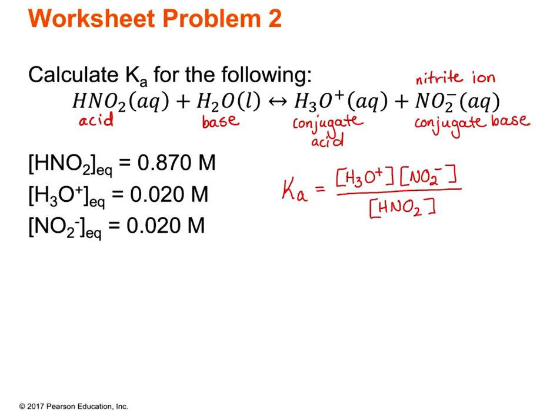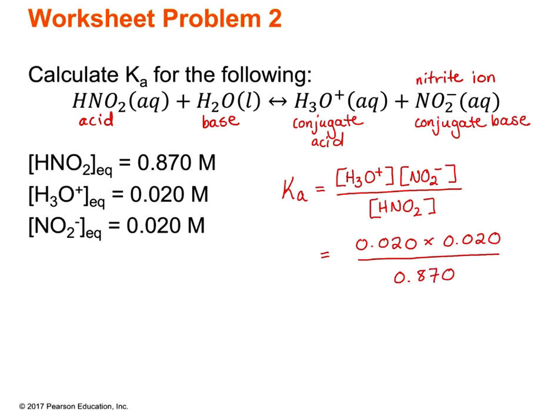The next step is to plug in each of the concentrations at equilibrium that are given to the left. All right, so we have 0.02 times 0.02 divided by 0.87.